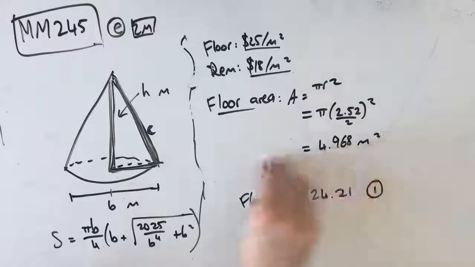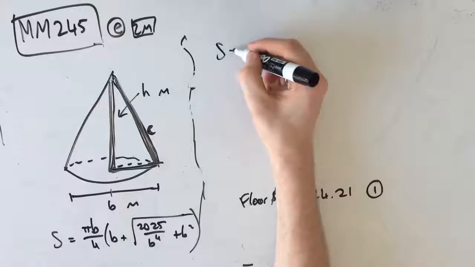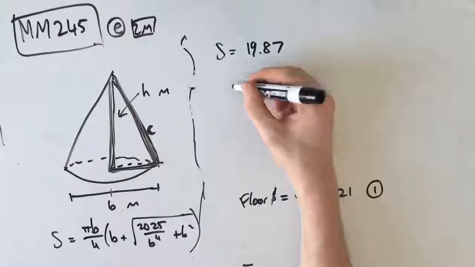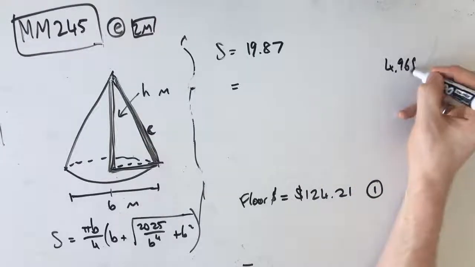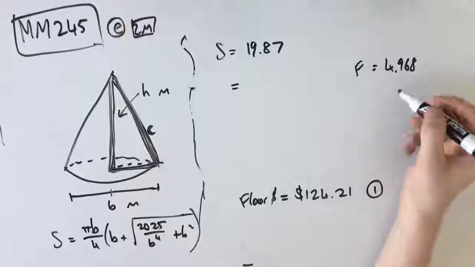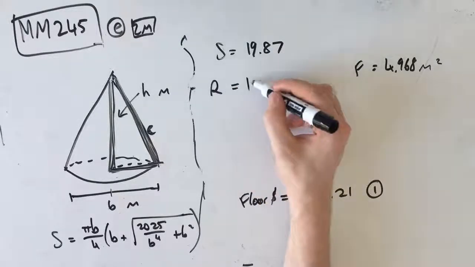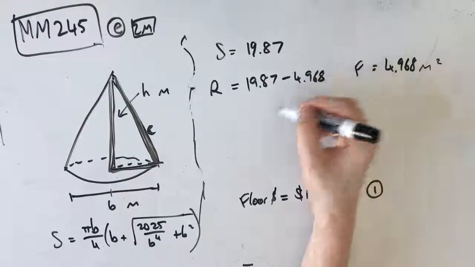Now we're going to need to find the remainder of the total. According to the previous questions, we found that the total surface area was equal to 19.87. We know that the floor is 4.968 meters squared, which means that our remainder is equal to 19.87, the total surface area, minus our floor area.